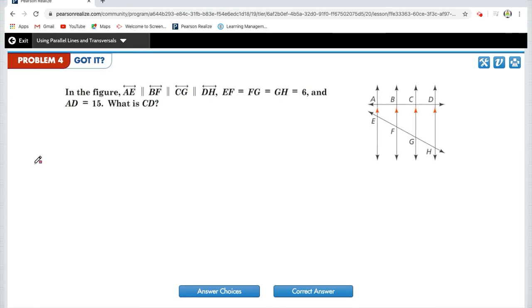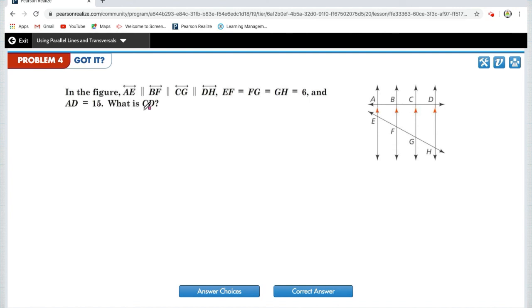Okay, so here's the solution for Got It 4. In the figure, line AE is parallel to line BF, parallel to line CG, parallel to line DH, wherein EF is equal to FG is equal to GH, which is equal to 6, and AD equals 15.